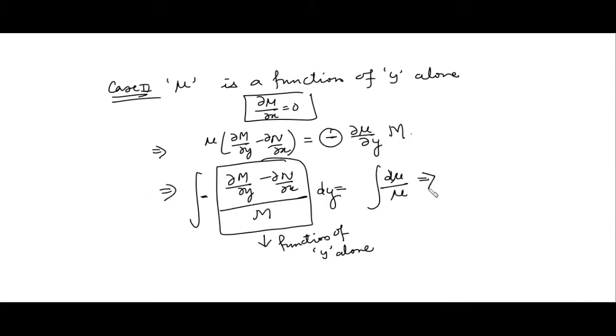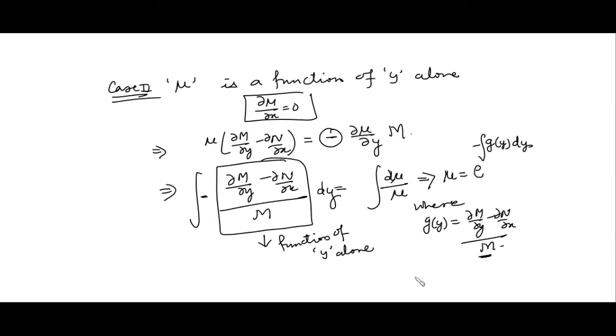So from here we get mu to be e to the power integral of minus g(y) dy, where g(y) is (∂M/∂y − ∂N/∂x) divided by M. So this is the g(y).